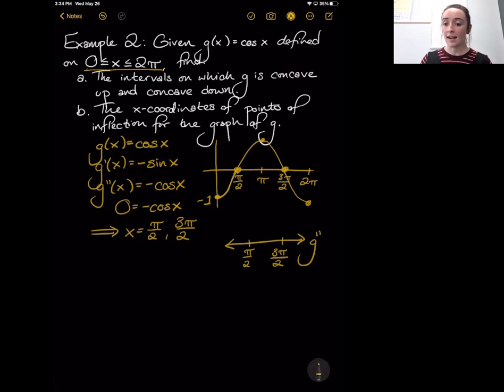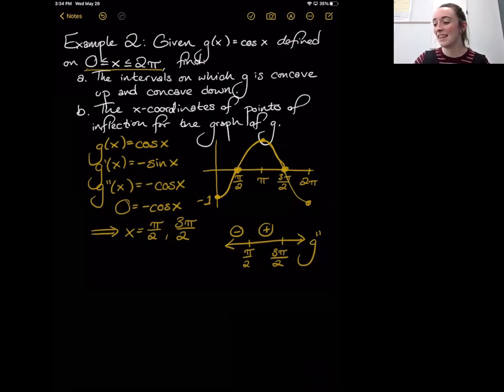It's below the x-axis. So I'm going to mark this interval negative. Between pi over 2 and 3 pi over 2, our graph is positive. It's above the x-axis. So I'll mark this as positive. And then lastly, between 3 pi over 2 and 2 pi, this interval is below the x-axis. It's negative. Let's mark it negative.